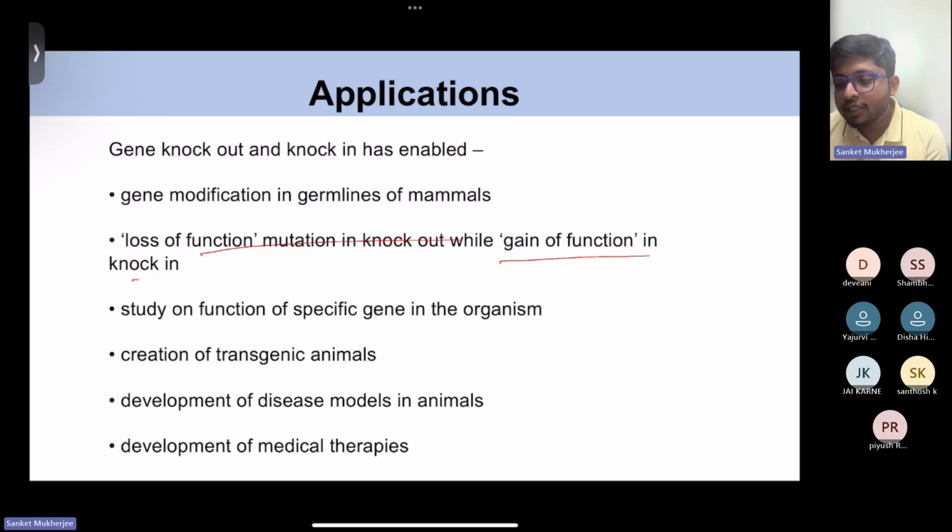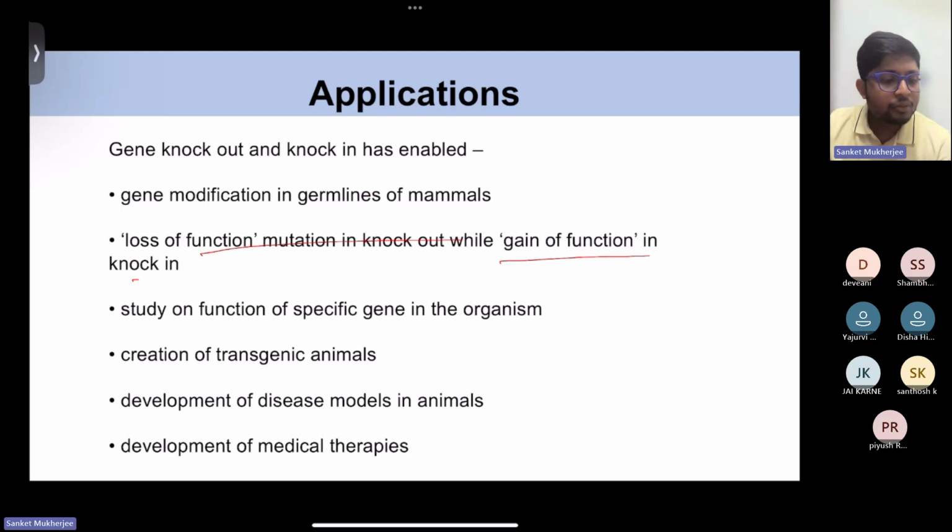So if we want to see the loss of function of a tumor suppressor gene, we would knock out this gene and we would probably see a more progressive form of cancer, a cancer which is more serious. Similarly, an oncogene, if it is not ideally present in the system, if it is introduced in mice, we would potentially see an accelerated form of cancer. So these are some of the experimental ways we use knock-in, knockout. Function of specific gene in the organism could be figured out.